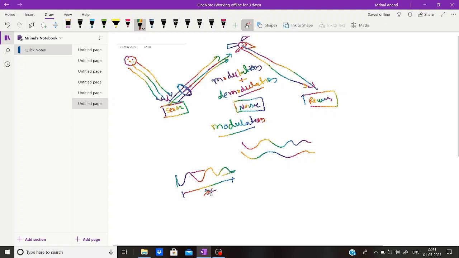This is the displacement of the wave, and this is the amplitude, the maximum height attained by a wave. So we superimpose the same wave onto our transmitting wave.